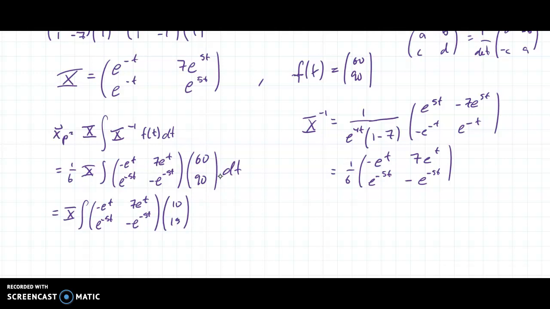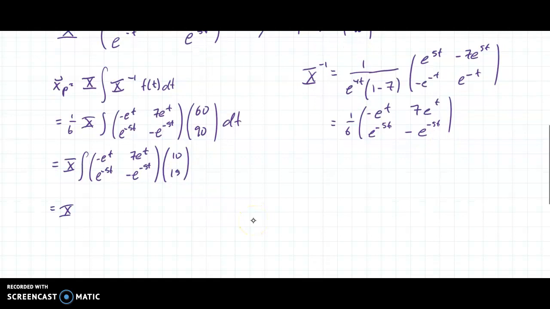All right, from there, this is equal to x times the integral. Order of operations, I got to multiply first before I go and integrate. Notice I've got a square matrix by a column vector, so I'm going to go across and down. This one is going to get multiplied by 10, and this one is going to get multiplied by 15.